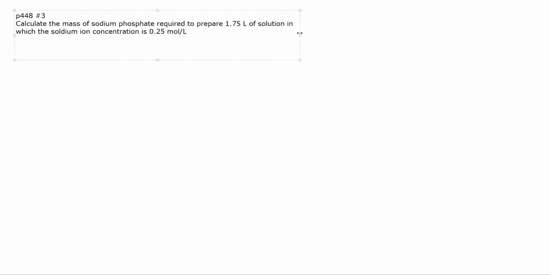On page 448, number 3, it says, calculate the mass of sodium phosphate required to prepare 1.75 liters of solution in which the sodium ion concentration is 0.25 moles per liter. Textbook says the answer is 24 grams. Let's confirm. All right.